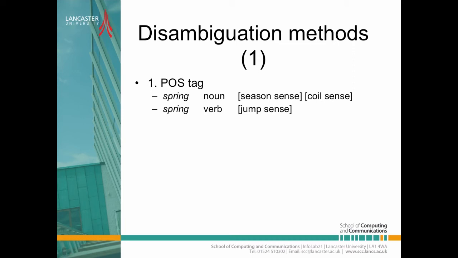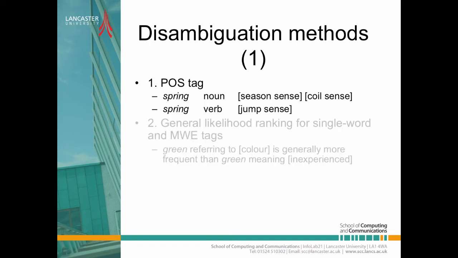If you know very accurately that this word spring in this context is a verb, then you can throw away these 2 senses to do with the season or the metal coil, because you know that the verb just has this jump semantic tag. So that helps us quite a large amount with the semantic disambiguation.